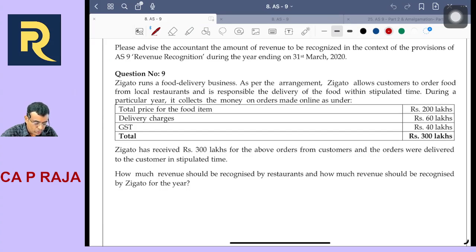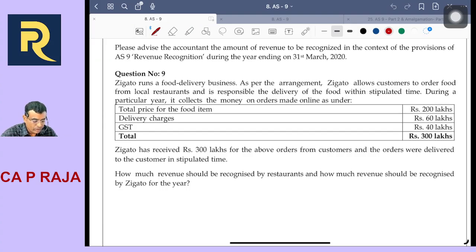Total price for the food item 200 lakhs. Delivery charges 60 lakhs. GST is 40 lakhs. Total is 300 lakhs. Zomato Limited collected 300 lakhs for the above orders from the customers and orders were delivered to the customers in the stipulated time. How much of revenue should be recognized by the restaurant and how much of revenue should be recognized by Zomato for the year?